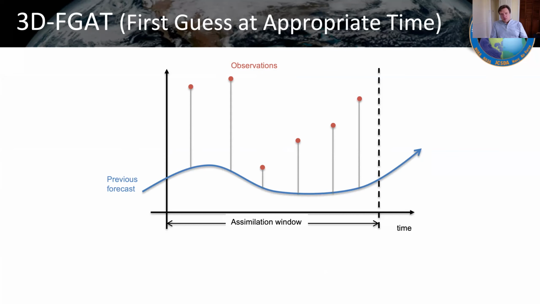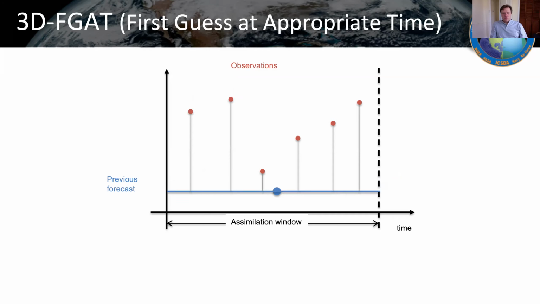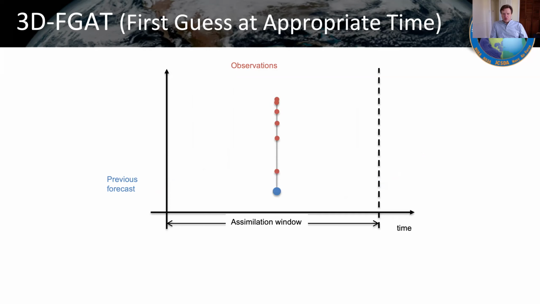And then the previous forecast in the middle of the window is kept. And this time, instead of bringing all the observations to the same time, they're all kind of leveled around the background in the middle of the window. So this time it's not the observations themselves that are brought back to the middle time, it's just the difference between the forecast and the observation.